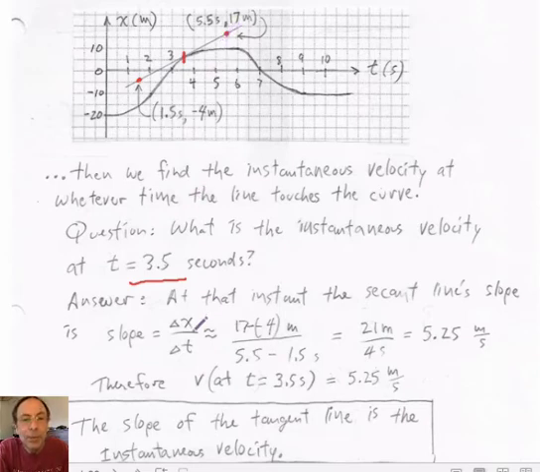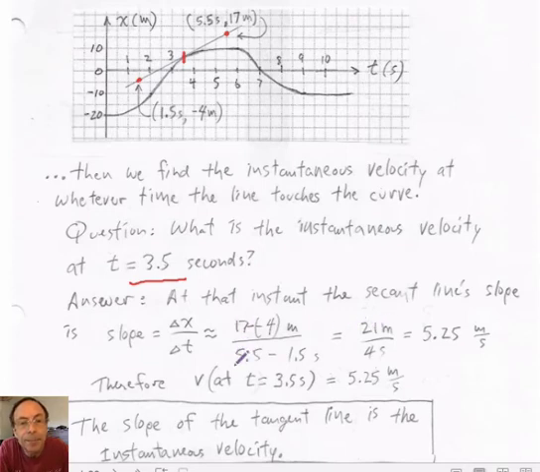And so now using these 2 points, this will be the final time and position. This will be the initial time and position, at least just for the sake of this particular calculation. So I put in final minus initial. 17 minus -4 is going to give us 21 meters.